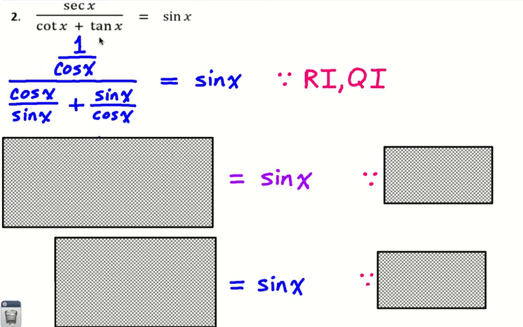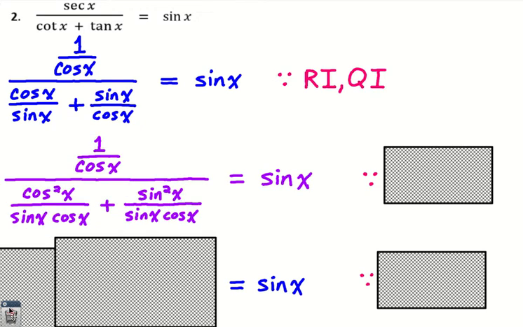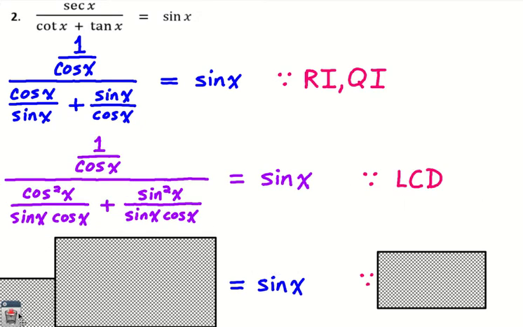All right, what can we do on the left from here? What do we see to do? Do you see how the bottom can maybe be added if you make common denominators, a least common denominator? So what would it take to make common denominators?